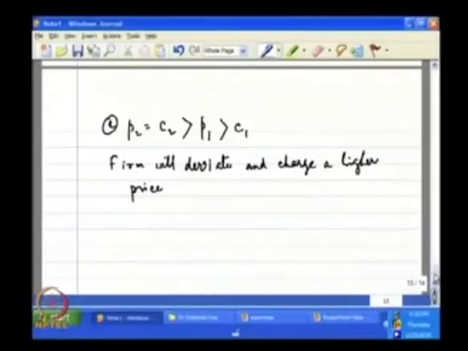If firm 2 is charging a lesser price, it can do better by charging equal to C2. If firm 1 is charging the lesser price, firm 1 can do better by charging a price just a little more than what it is charging, but keeping that price less than P2. So, by exhausting all these possibilities, we are left with this C2 case, which is a Nash equilibrium.